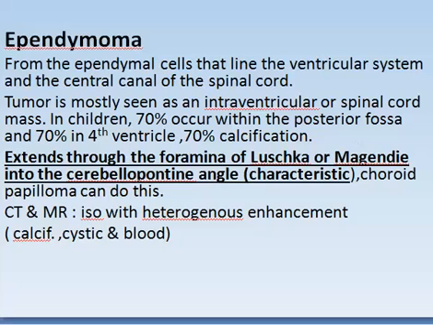So ependymoma is the tumor of 70s. Being within the fourth ventricle, it extends through the foramina of Luschka and Magendie into the cerebellopontine angle, and this is characteristic. Choroid papilloma cannot do this.